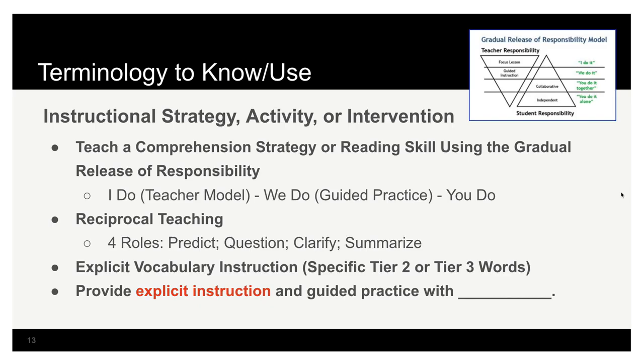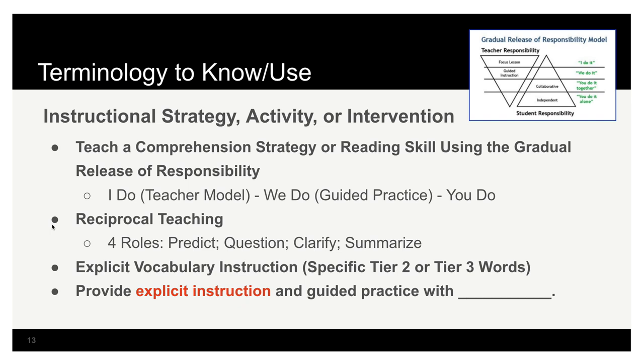And then finally, when you think about next steps, there's some terminology that you'll want to make sure that you know, you review, and you use. And so we teach comprehension strategies or reading skills using the gradual release of responsibility, which is I do, where the teacher models, we do it, which is that guided practice, and then finally the child does it.